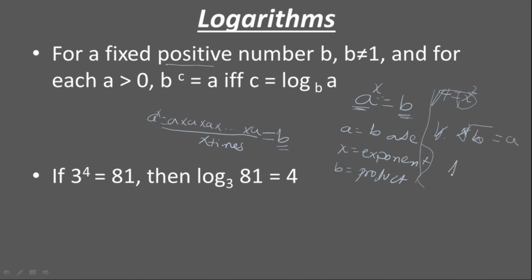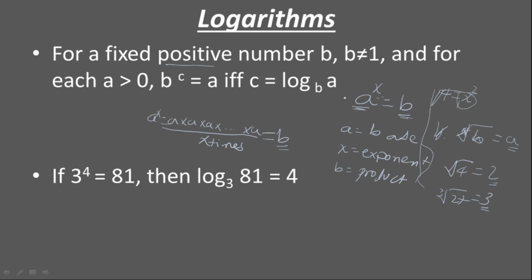For example, the square root of 4 is 2, because 2 squared is 4. The cube root of 27 is again 3. These numbers are our bases.